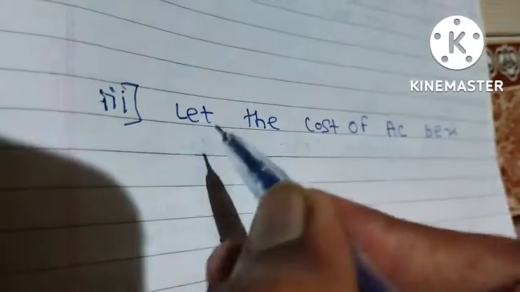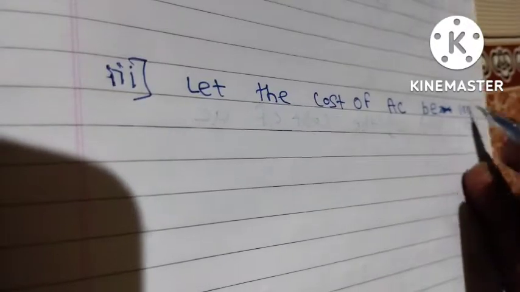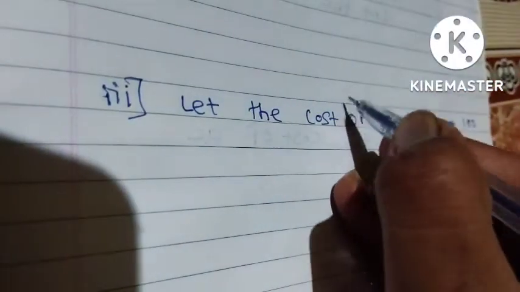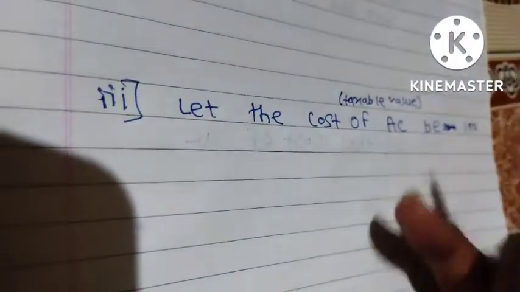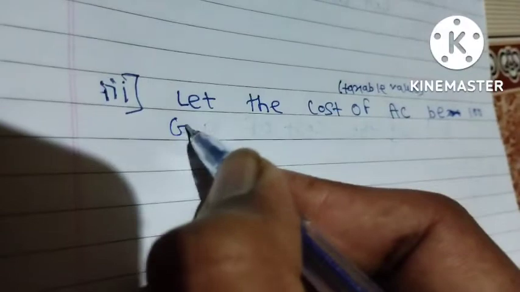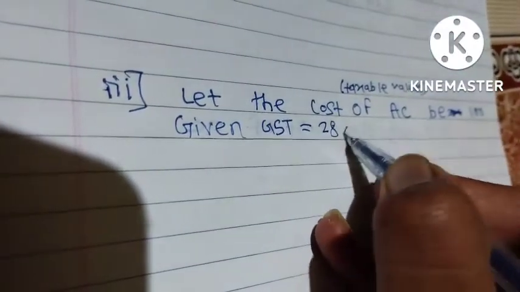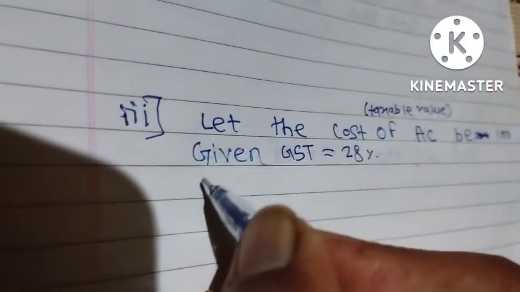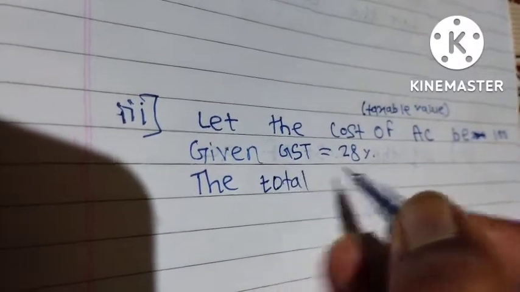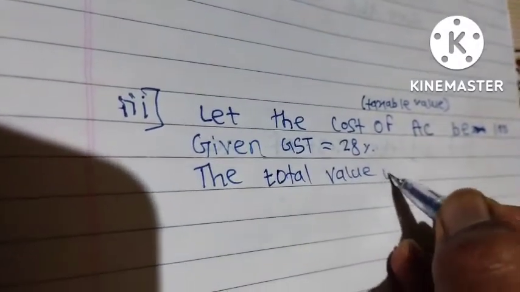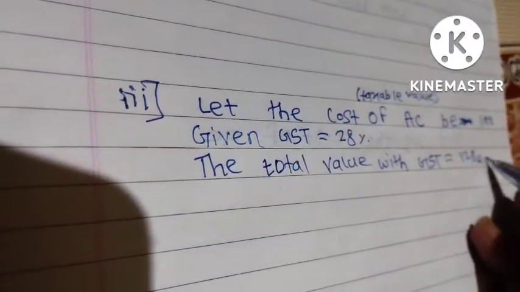Let's solve the third point. Let the cost of the AC be 100. It is the taxable value, and GST is given. The rate of GST is 28%. The total value with GST is 128 rupees.